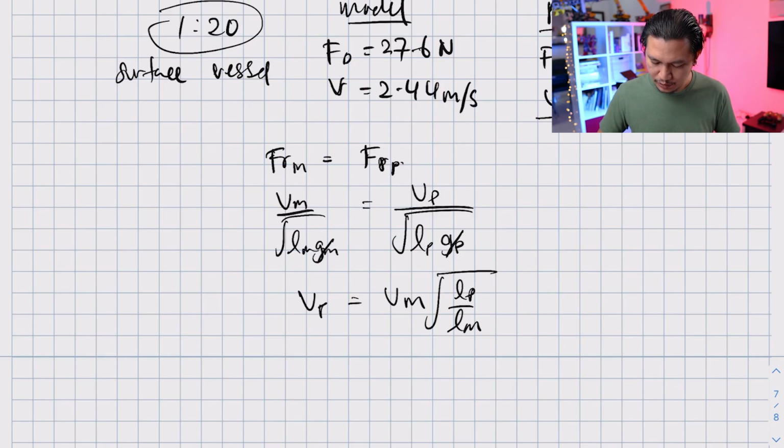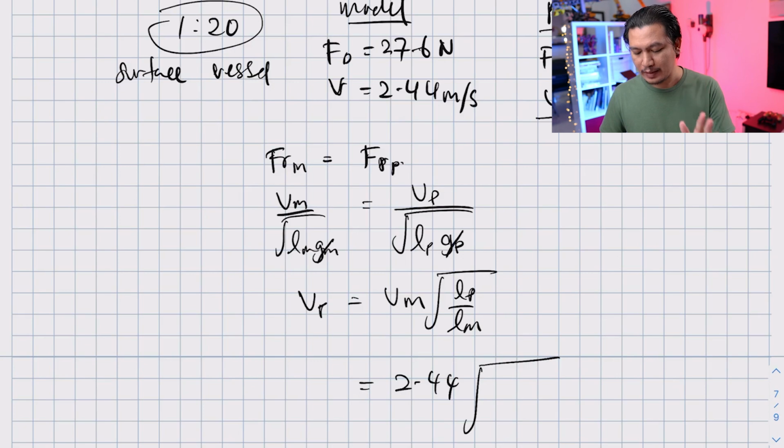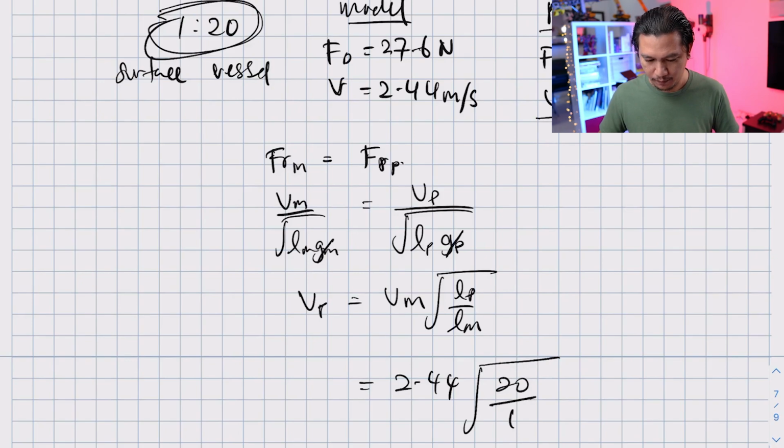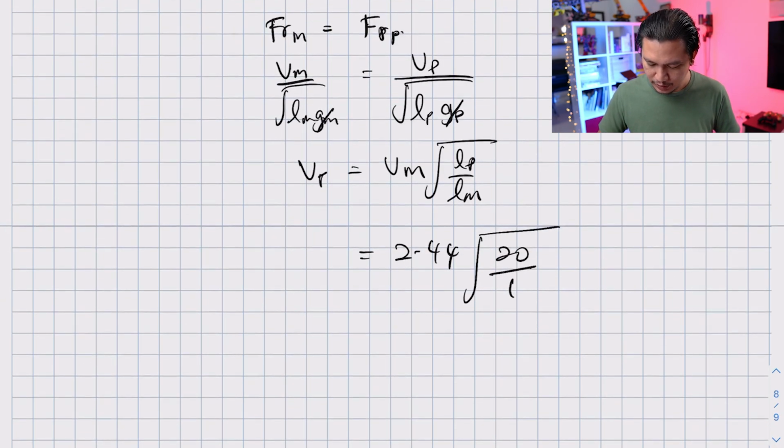We know the velocity of the model, that is 2.44 meter per second, and we also know the ratio of the prototype length to the model length, which is 20/1. So our velocity of the prototype is 2.44 times square root of 20.